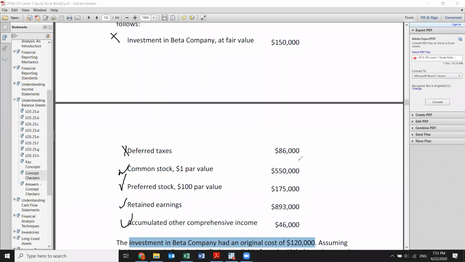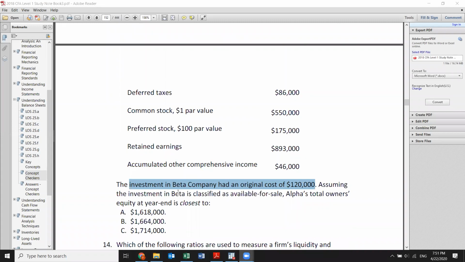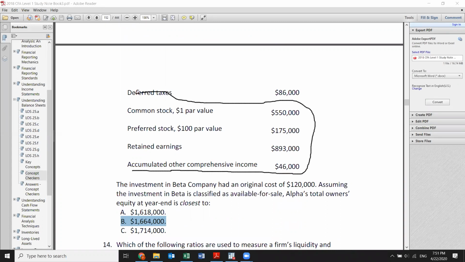So we just sum these numbers, and you will get total equity of 1,664,000. We are summing up just this.